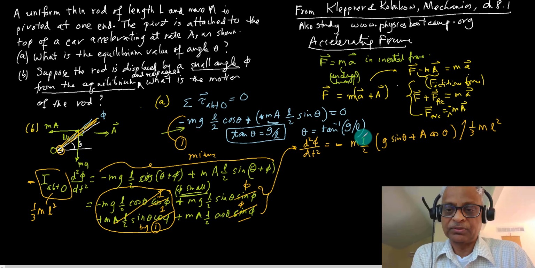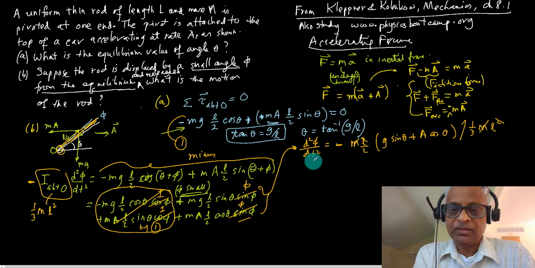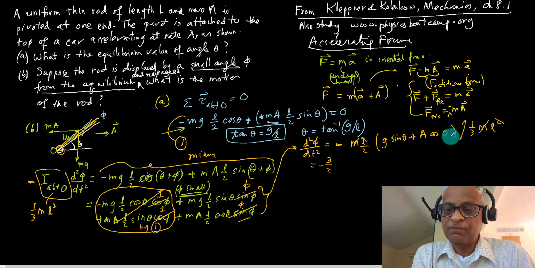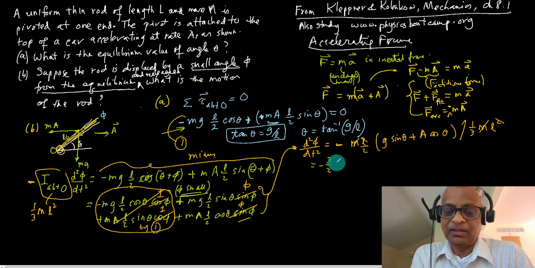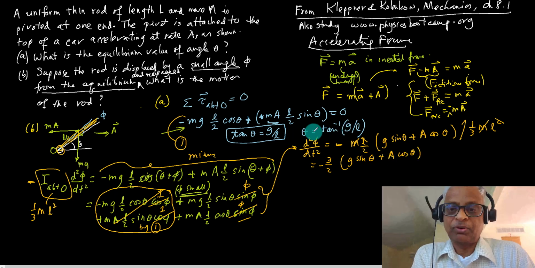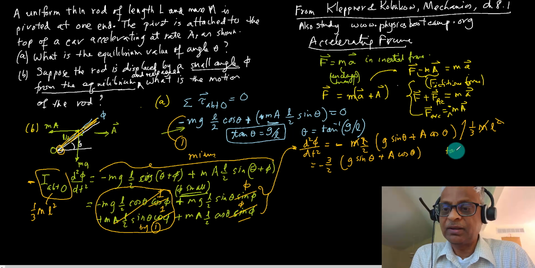ml square. So one of the L goes away, m goes away. So I have a -3/2. Maybe you can see that you got a g sine theta plus a cosine theta, and from here we have tangent theta is g/a.